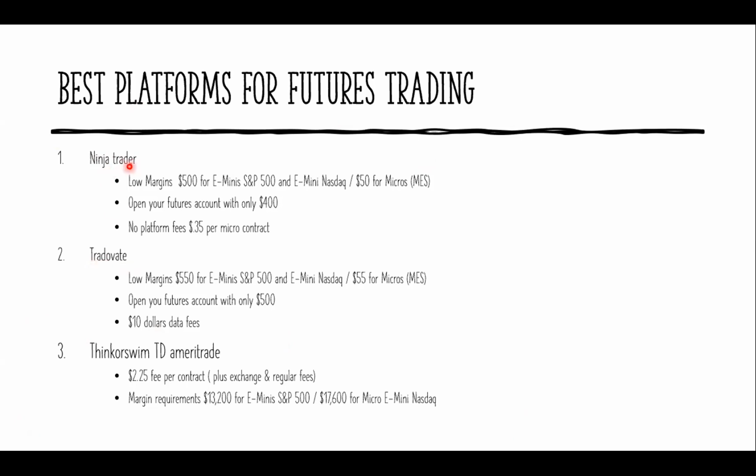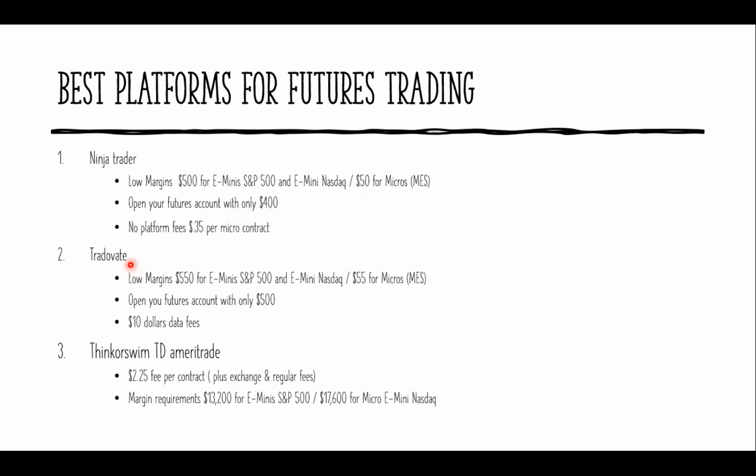Here with NinjaTrader, the low margin is $500 for the E-mini S&P 500 and the E-mini NASDAQ. So it's only a low margin of $500 in order for you to be able to open a contract. $50 is for MES. This is the margin that you will require. Therefore, you can open your futures account with only $400. No platform fee and 35 cents per micro contract.